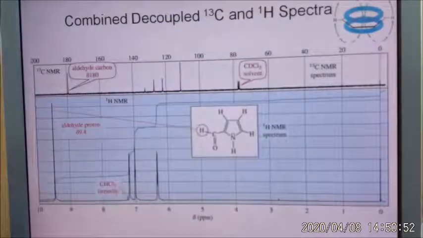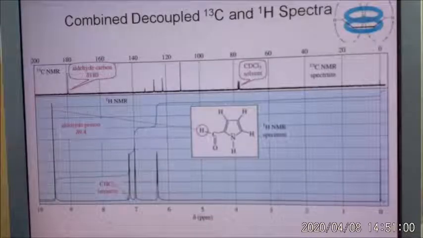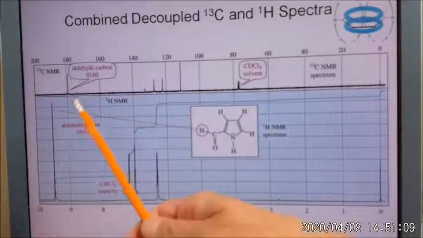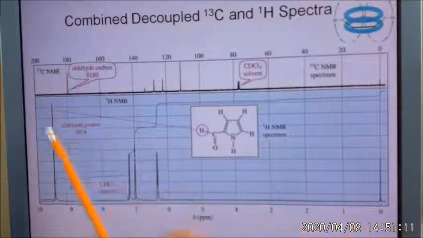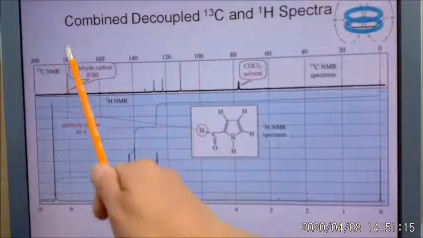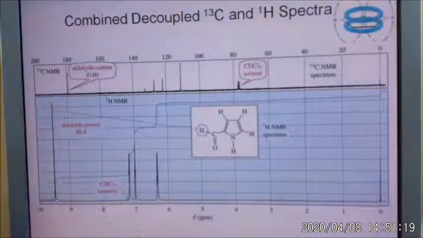Okay, let's take a look at this one. When you combine it, it's like being able to have multiple eyes. So now we're going to be using all of our senses. See how high it is in aldehyde carbon, 180. I have a carbon double bonded to an oxygen. Very distinct. Does that make sense?